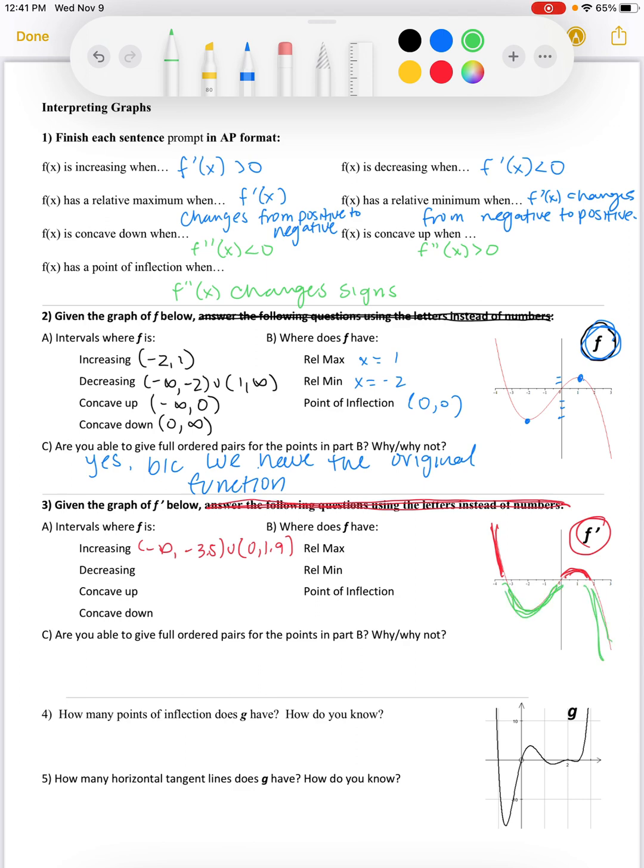So that would be our -3.5 to 0, and then from 1.9 to positive infinity.